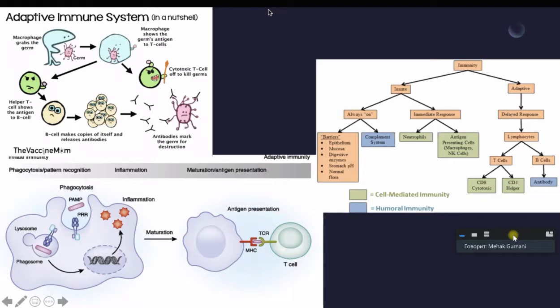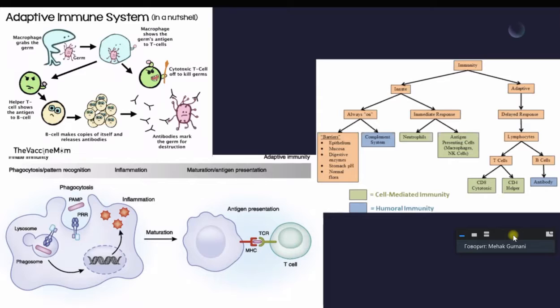Our body has a very fascinating way of doing this. The macrophage, the cell that eats organisms, like we said, grabs it and surrounds it, and then takes one of those antigens, or the markers that we mentioned at the start, and puts it on its own surface.